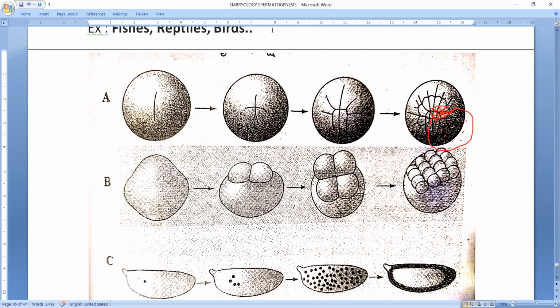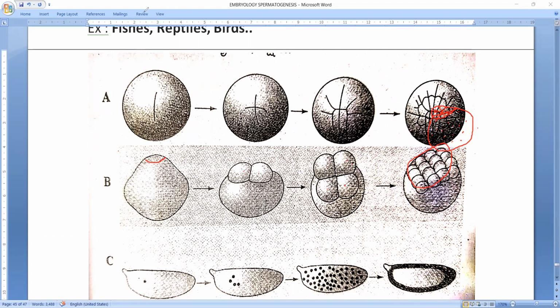Here the blastodisc is present, so only the division takes place here, and it continues like this. Here the blastomeres are restricted to only the animal pole, so that is discoidal.